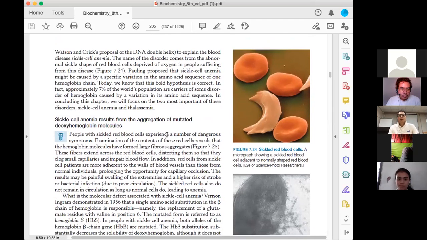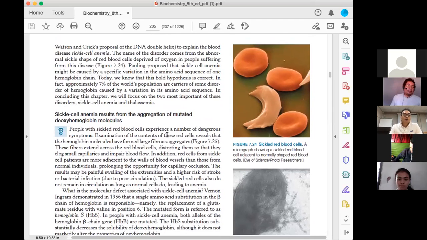Okay, let me just give you one example about the variation among humans. If you look at the population in West Africa, you see the hemoglobin, the red blood cell, has a shape like this.